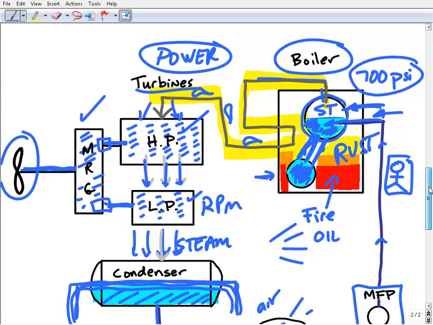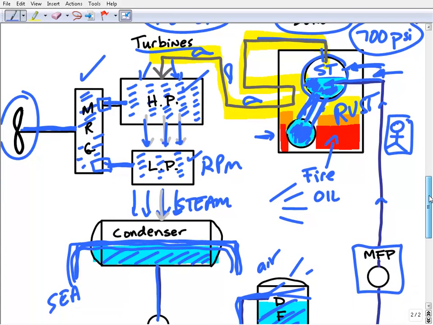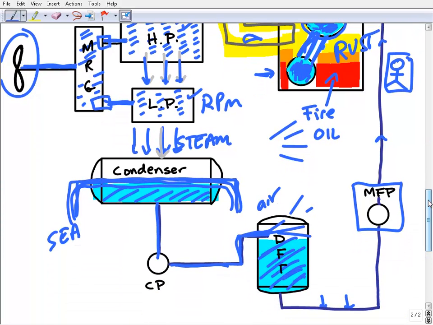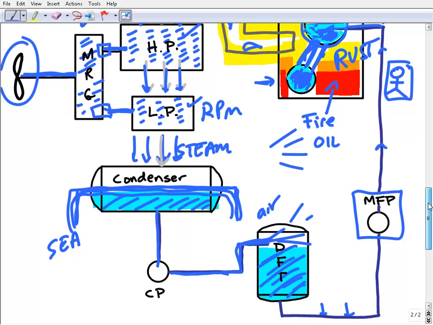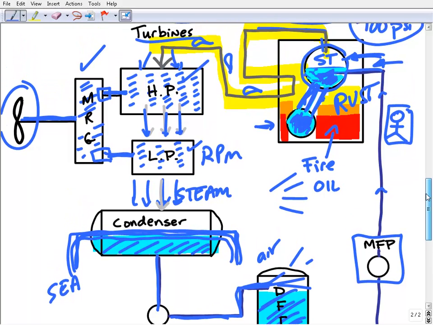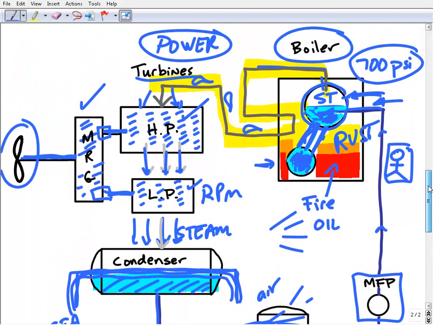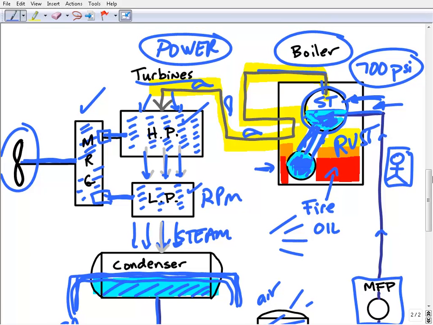Now I was talking about this in terms of being out at sea or a maritime situation, but also on shore, like a power plant, this is pretty much it. So in review, we had steam, a steam generator. We had our turbines, right?